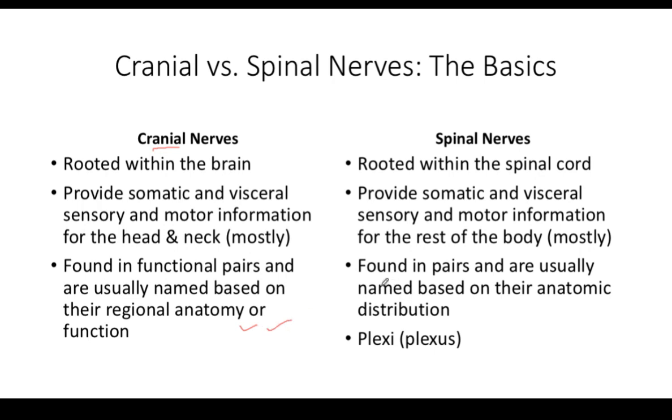You notice the spinal nerves are more named based on anatomic characteristics, and being that there are just so many more spinal nerves, and there's obviously a complexity to them and how they're organized, you tend to find what are called plexi associated with spinal nerves. I always like to describe plexi as organized maps of nerves that project to or away from the spinal cord. And again, I'll show what those are in more detail later on. But you tend to find that with spinal nerves as well.